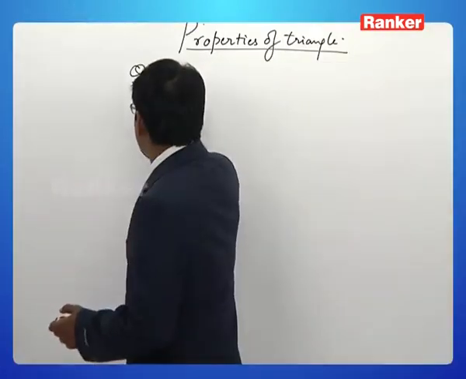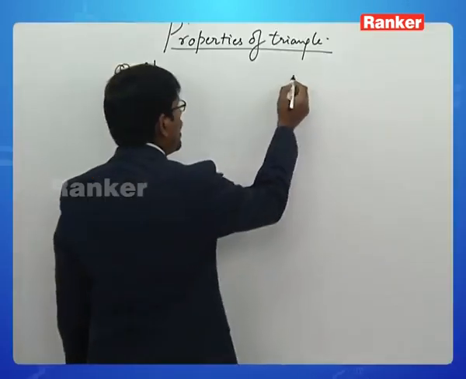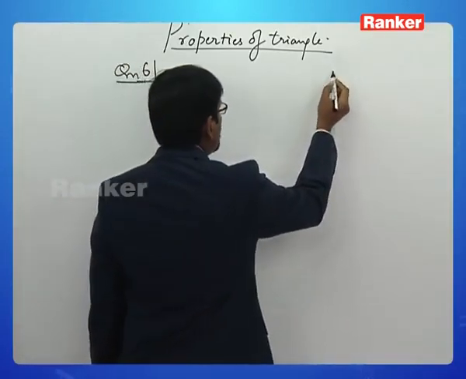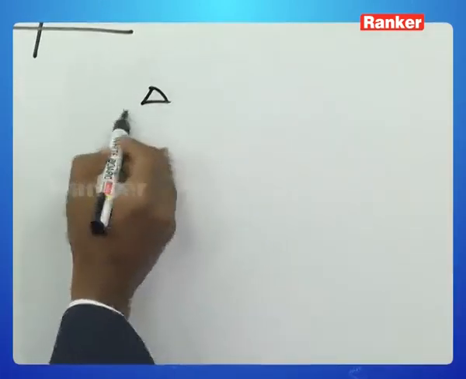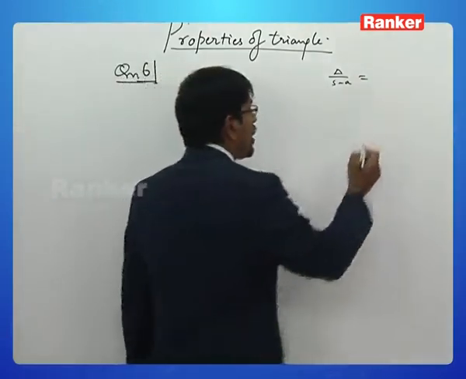Question number 6. If in the triangle ABC, s minus a by delta is equal to 1 by 8, s minus b by delta is equal to 1 by 12, s minus c by delta is equal to 1 by 24, then R is equal to, first option 16, second option 20, third option 24, fourth option 28. We know that delta by s minus a will therefore be equal to 8.